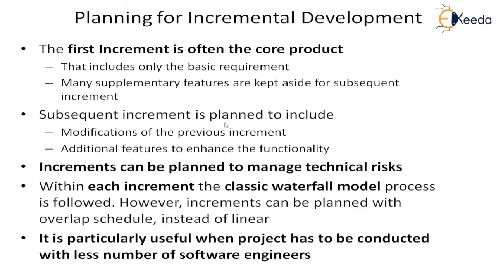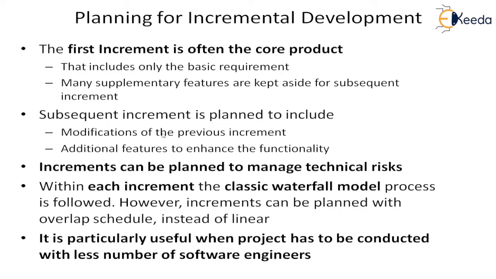When the subsequent increments are planned, there are two types of scope that go into them. The first is the modification of the previous increment. In the previous increment, we delivered certain features to the user. Having used those features, they may have some changes, some refinement of the requirements, or some defects.